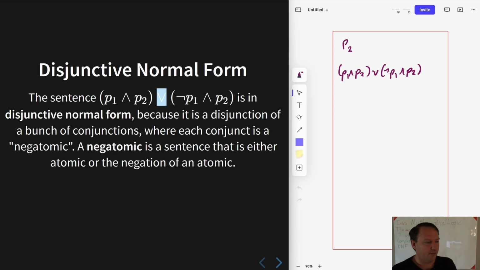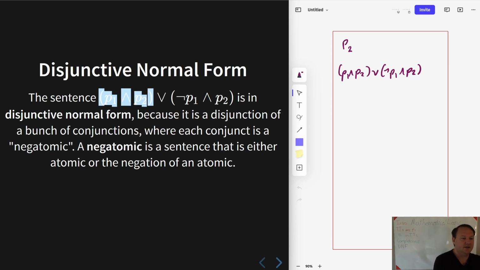So what I want, well, I'll say more about that in a minute. But in any case, then also what you need for disjunctive normal form is that each disjunct is a conjunction. That is necessary, right? So this is a conjunction, this is a conjunction. So that's also something that you need for this thing to be in disjunctive normal form.